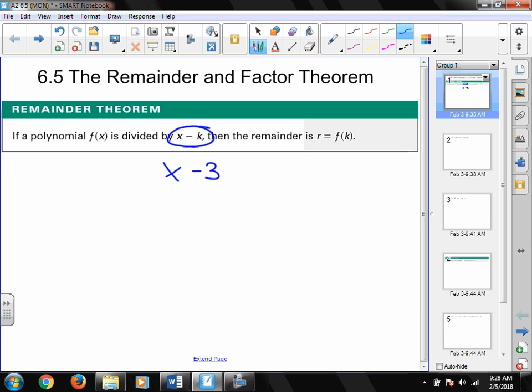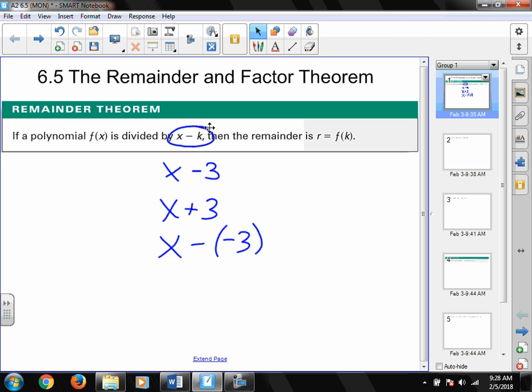Does that mean I could never see something like x plus 3? Yes. So, exactly right. We could have something like x minus a negative 3 that has been simplified. Okay?